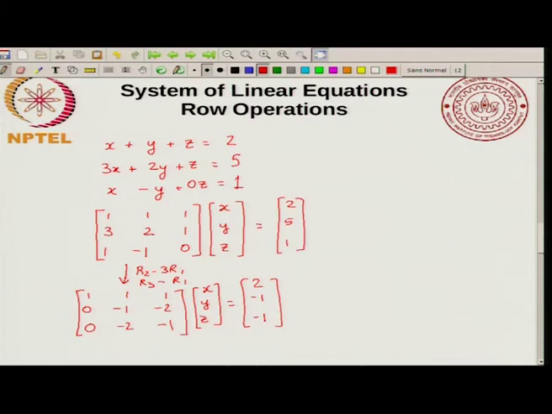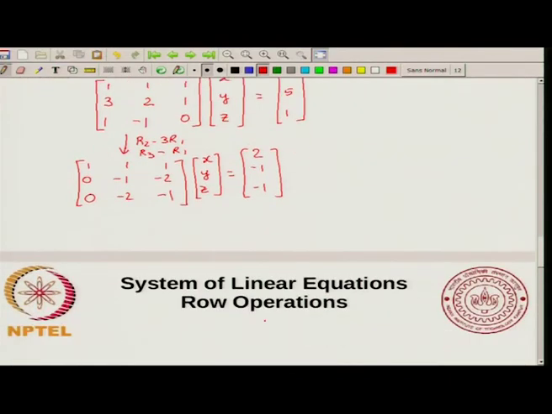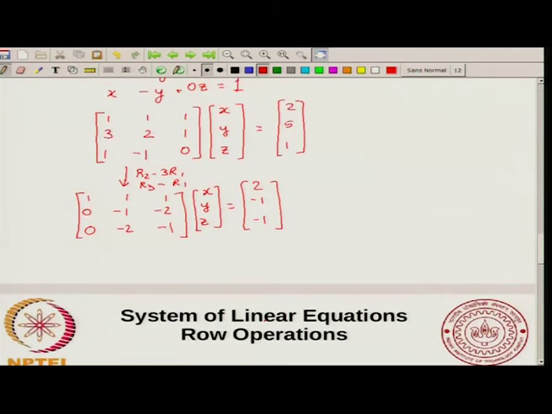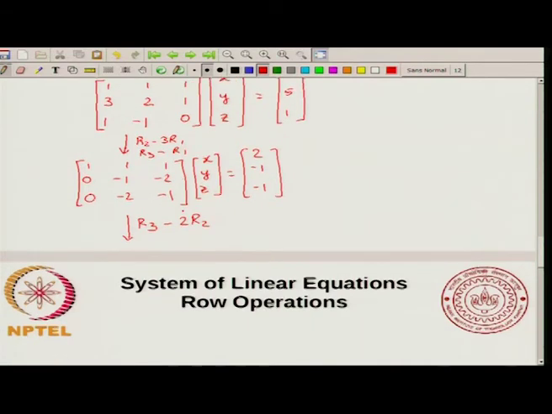Next, I will try to get a 0 here by subtracting this row. I will do R3 minus 2 R2. If I do R3 minus 2 R2, you can see what happens.